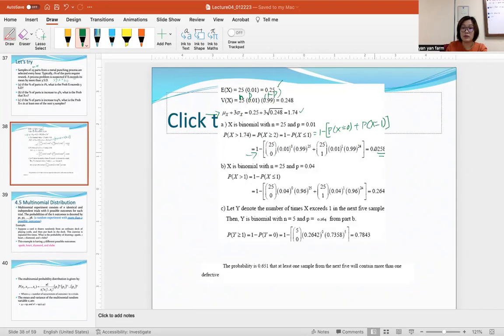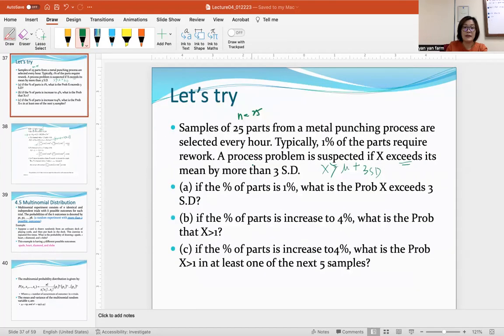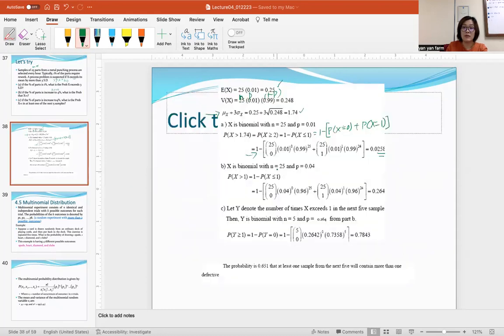Try it out. The next one: if the percentage of parts is increased to 4%, so now my p equals to 0.04, what is the probability that X is more than 1? That is tricky. Now my n is 25, my p is 0.04.